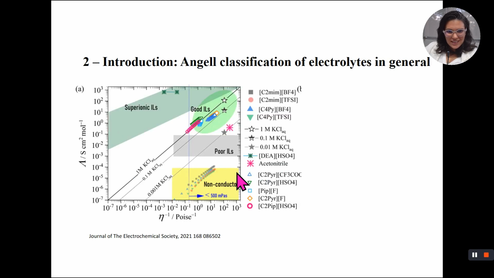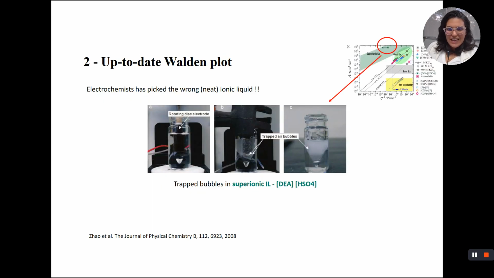And now I should give you some examples of electrolytes already tested for electrocatalysis. The first one is ethylamine, which in this case is a sort of superionic liquid.